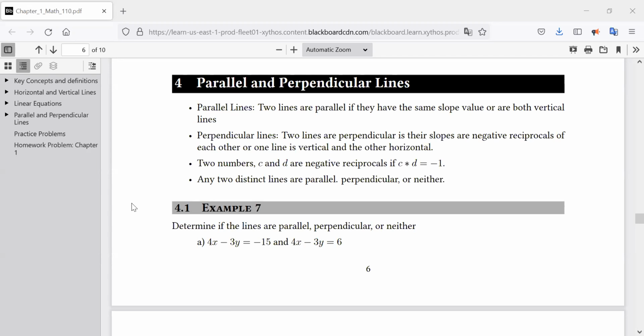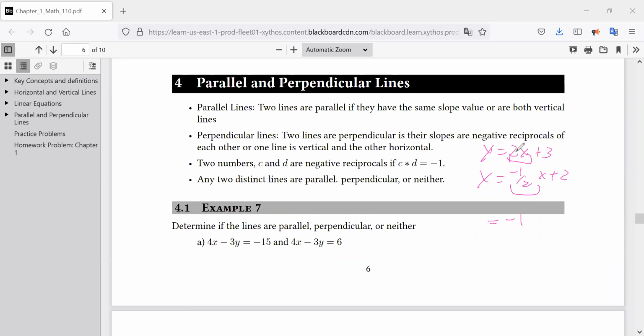So what does it mean for their slopes to be negative reciprocals? If we had y is equal to 2x plus 3, and y is equal to negative 1/2 x plus 2, well, this times this is going to give me -1, right?